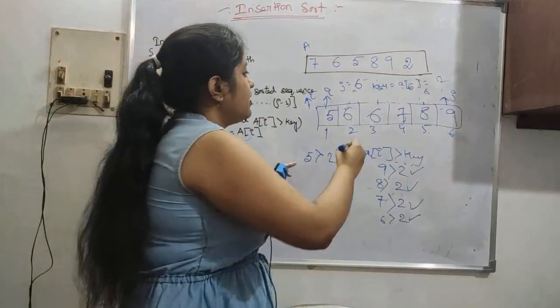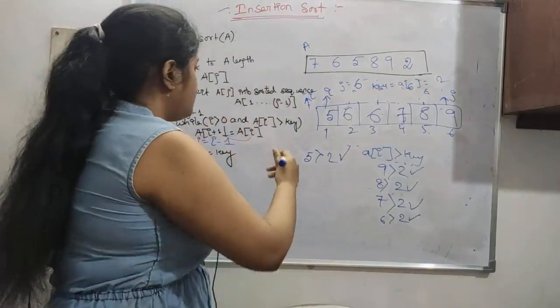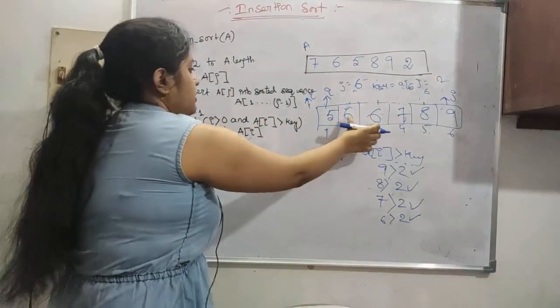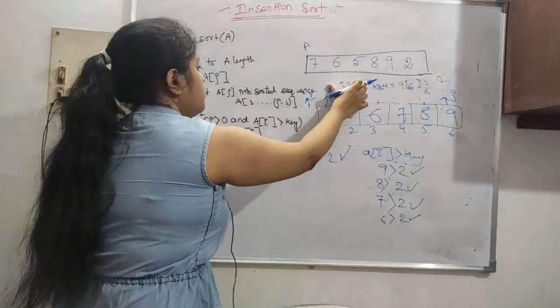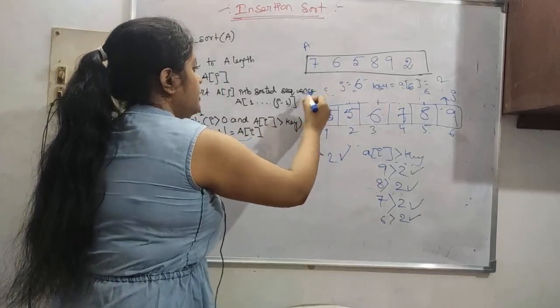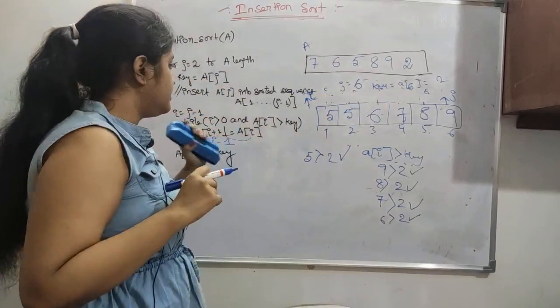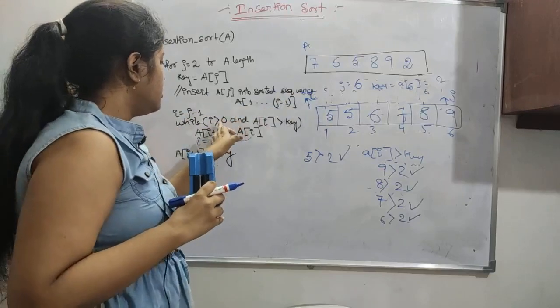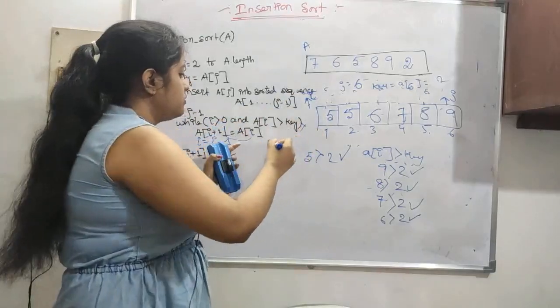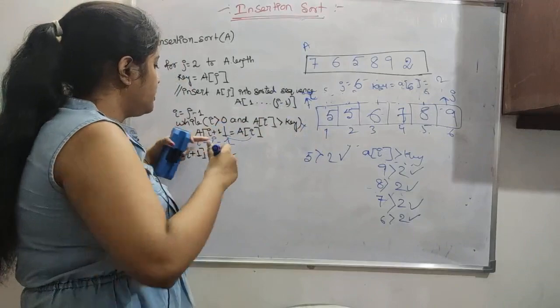So here 5 is greater than 2, this is true. So now 5 will be copied here, I plus 1. 5 is copied here. Now I will be decremented to here, I minus 1. Now, see, now it is the breaking condition because I is coming to 0. So this condition is failing now. So now we go out of the loop because the condition is failing.